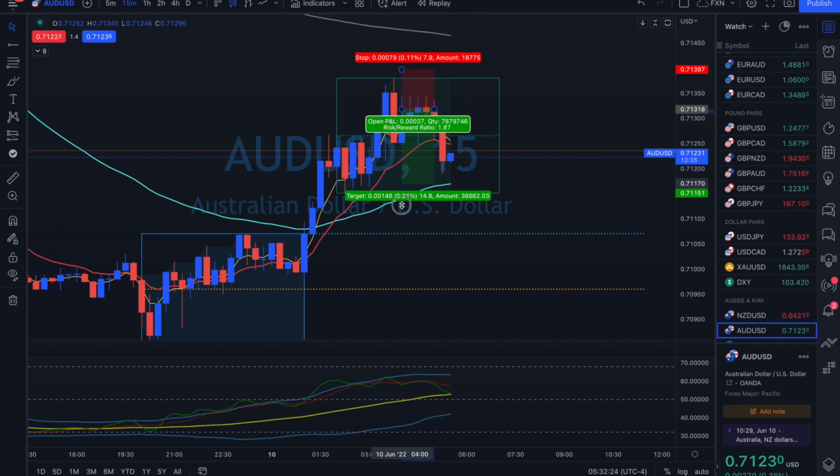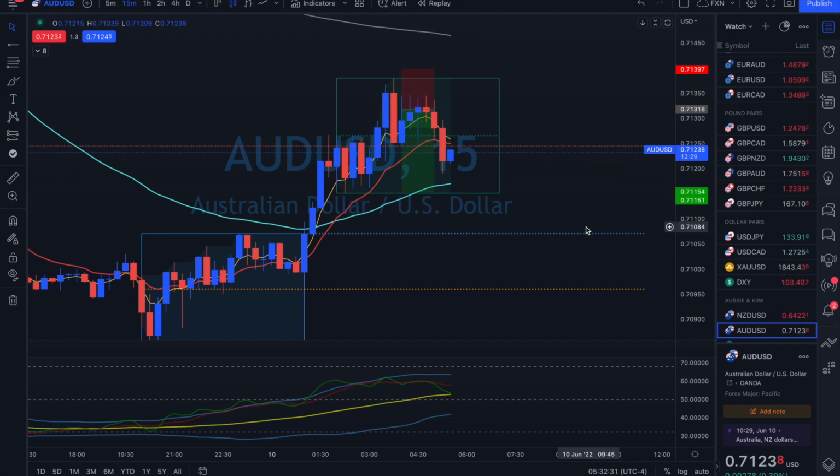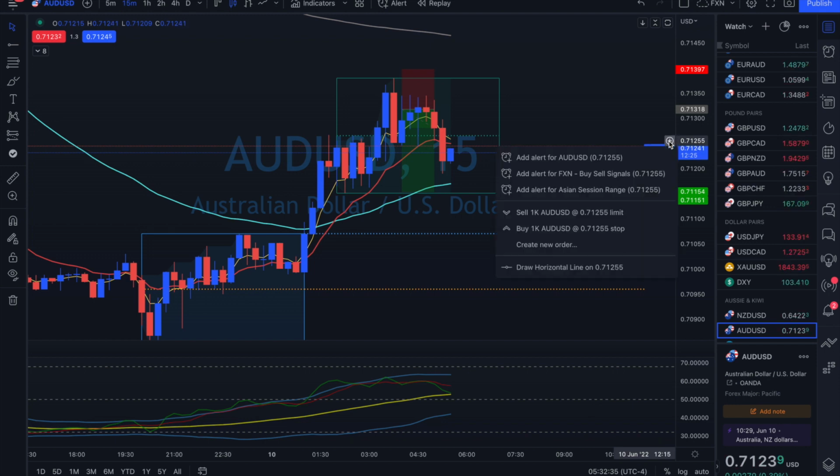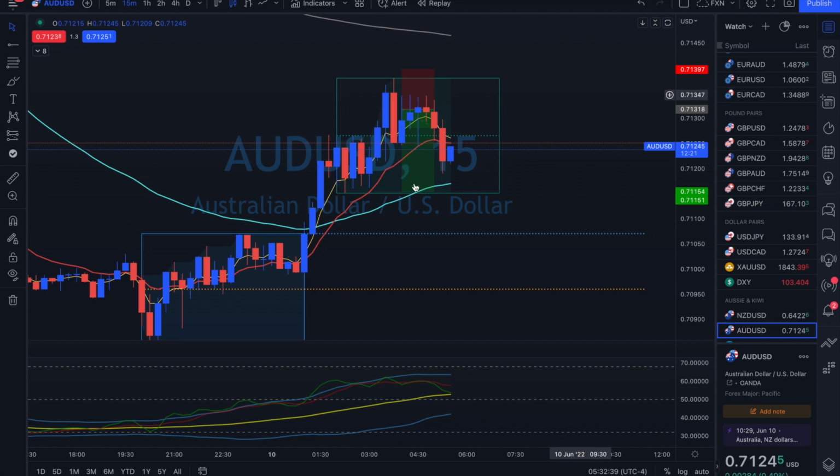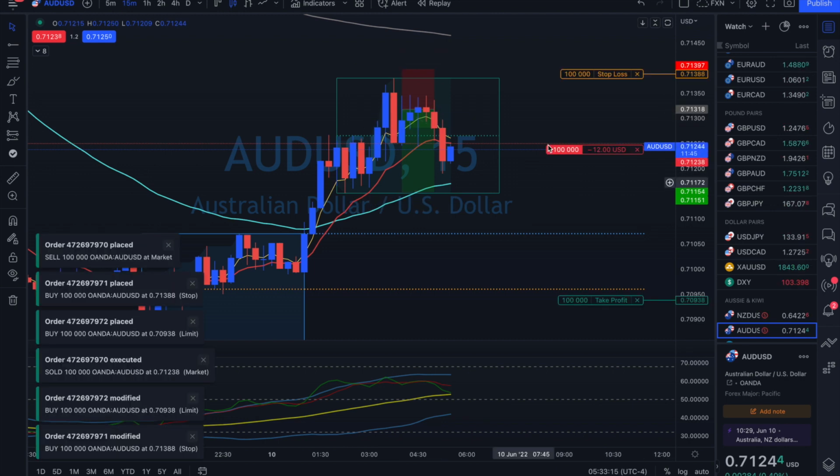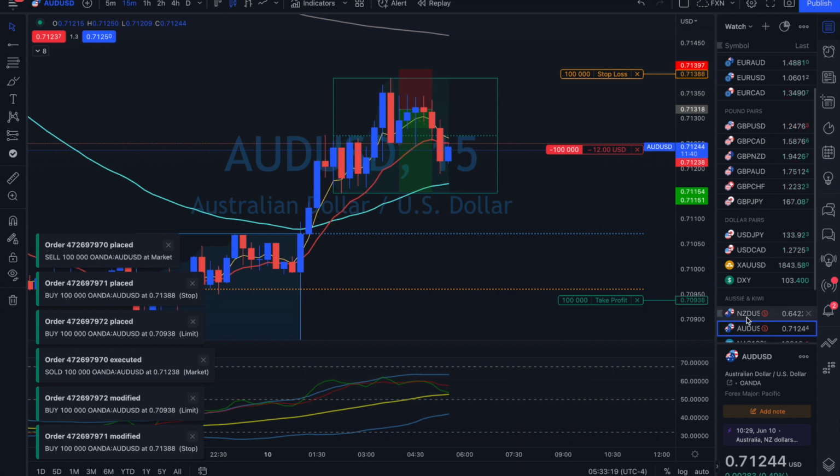It could be something like this. A 2 to 1 would be something like that as your order. Again, like what I just did there, put in a sell limit order. There's your sell order, and you got a 2 to 1 risk reward ratio. It's basically like the NZD USD pair that you just went into.